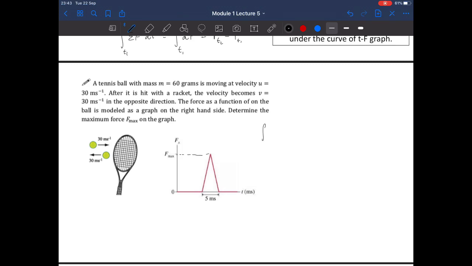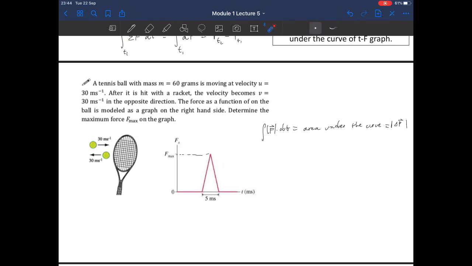Well, we must use the fact that the integral of F dt, in this case just the magnitude of F, is equal to the area under the curve, and also that must be equal to the magnitude of delta p, the change in the momentum of the system.